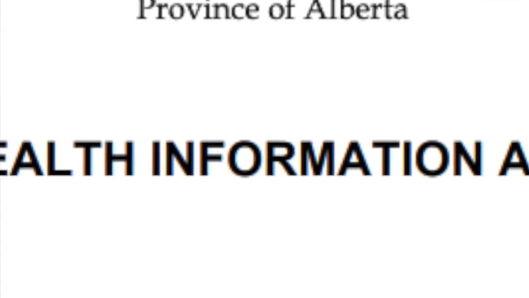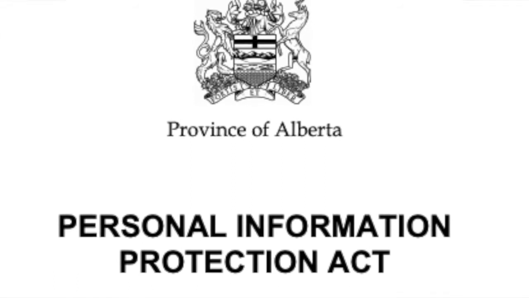There is the Health Information Act, which applies to the healthcare sector, so again, such as Alberta Health Services, hospitals, or physicians. And then there's PIPA, which governs the privacy of data within the commercial sector or around commercial activities.